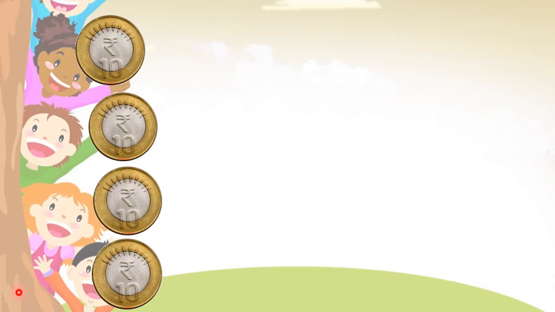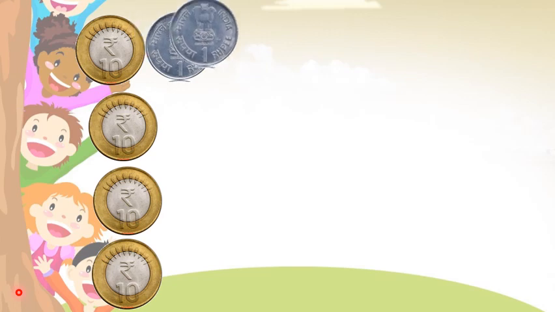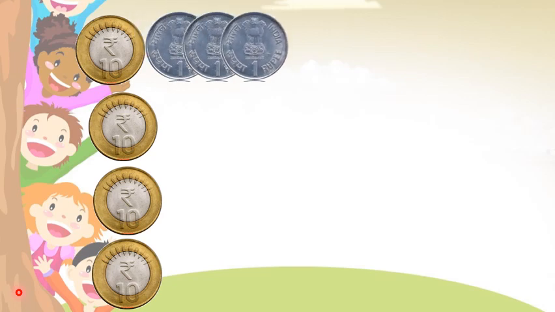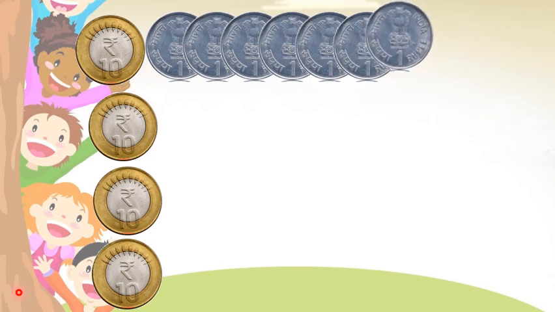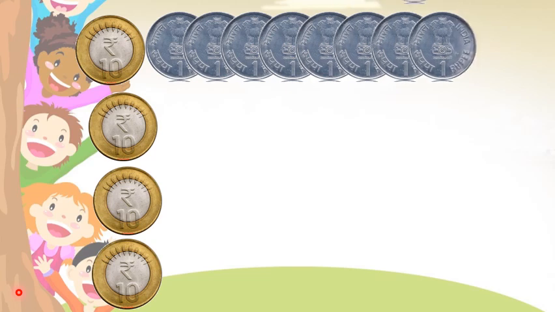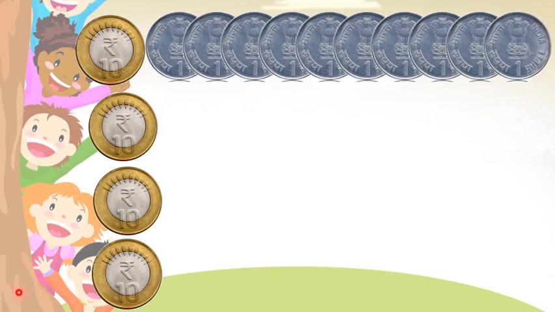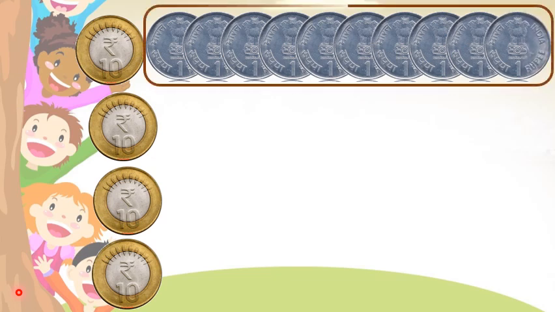Now Sonali, she gave me 1 rupees, 1 coin, 2 coin, 3, 4, 5, 6, 7, 8, 9 and 10. She gave me 10 coins of 1 rupee. Is that right?